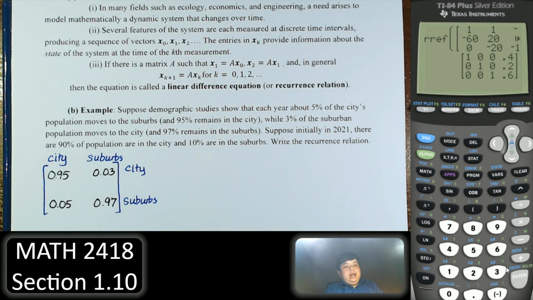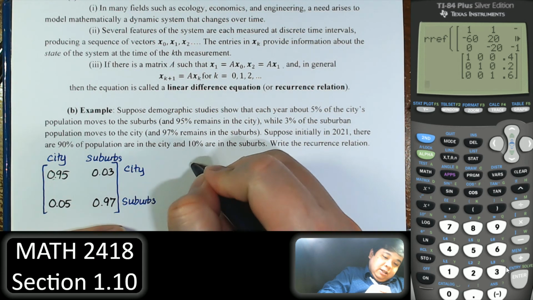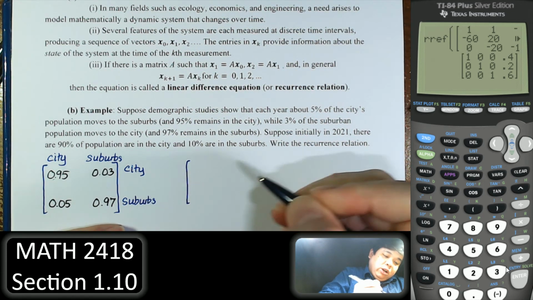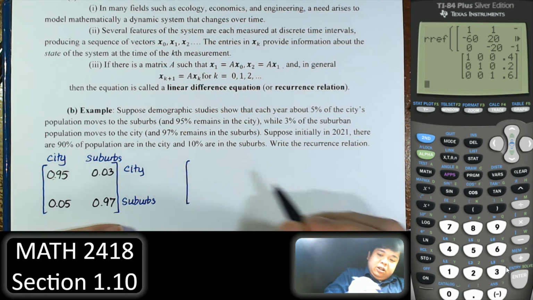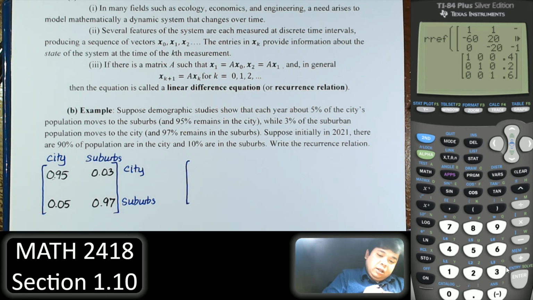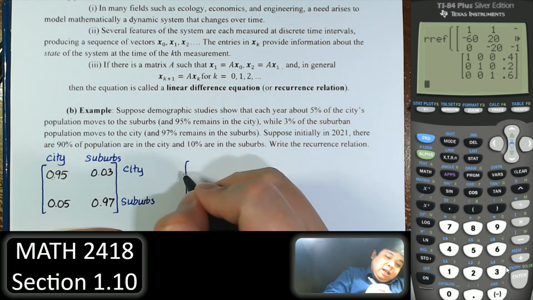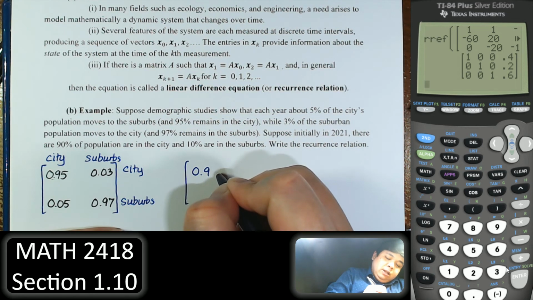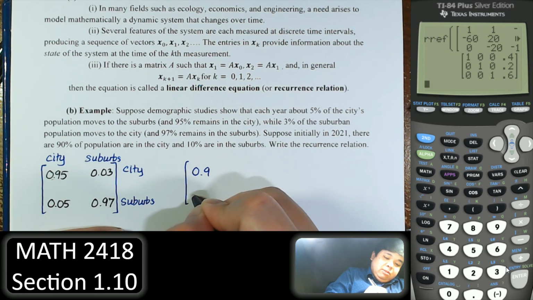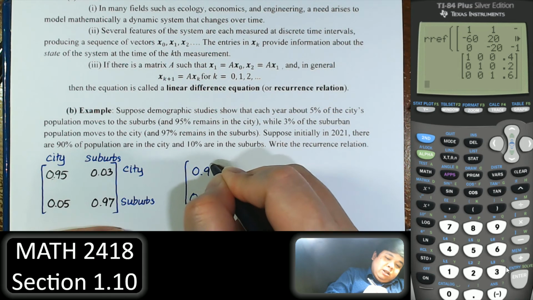Now, in 2021, the population is 90% in the city and 10% in the suburbs.